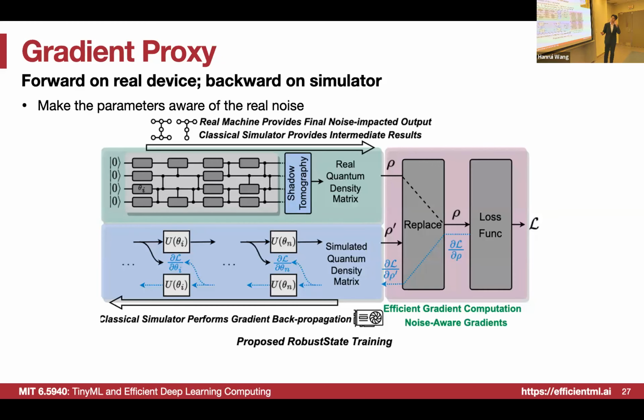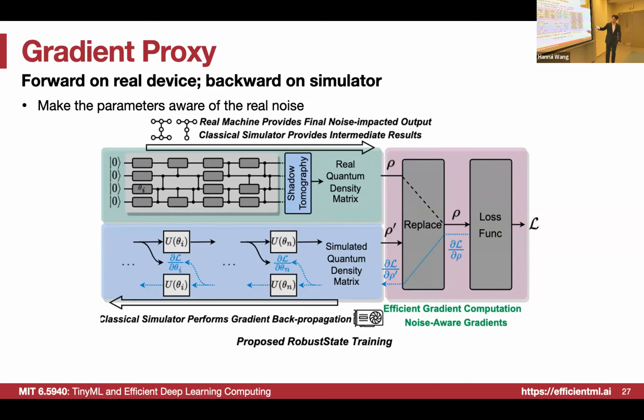So let's first have a look at the gradient proxy. Say we are running this circuit on the real device, and the circuit will be impacted by the real noise. From this device execution, we can obtain the real quantum density matrix from the circuit.